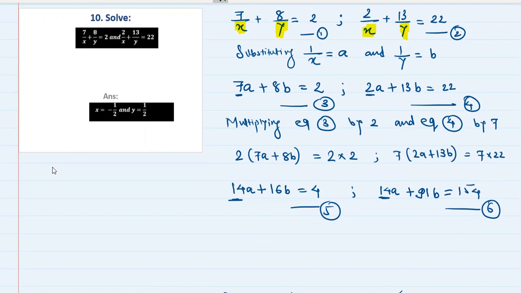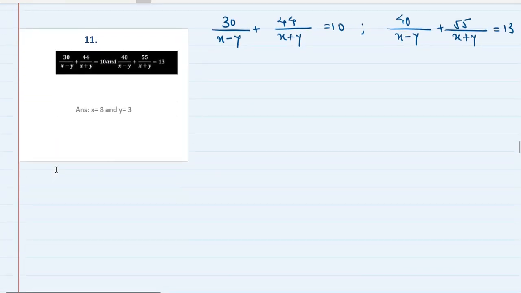So we use some third party substitution. That is, we replace x and y with some new variables so that the new variables come in the numerator and we can solve the equations further. So see, this is how the substitution is going to work.